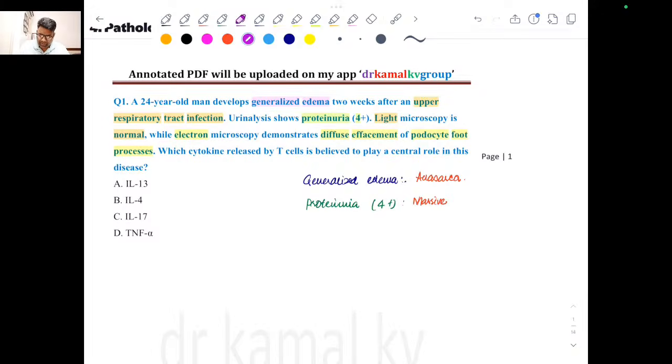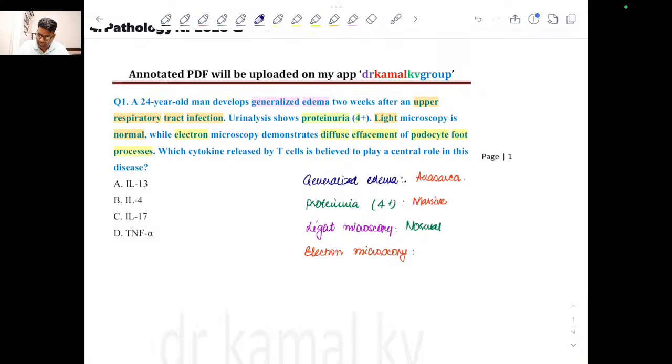Light microscopy is normal, and electron microscopy shows diffuse effacement of podocyte foot processes.